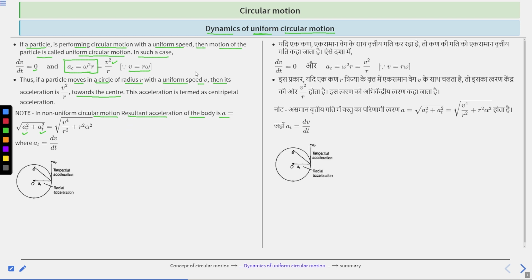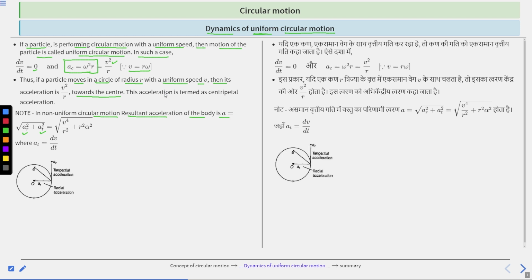So important points here: when we talk about the uniform circular motion, then speed of that particle is constant, or we can say never changed. But if we talk about the non-uniform circular motion, in that case, speed is variable. Clear? So in case of uniform circular motion, the acceleration a_c is equal to omega square r.